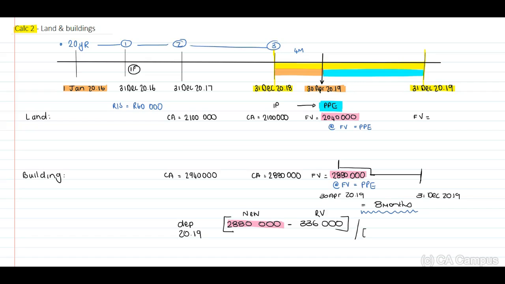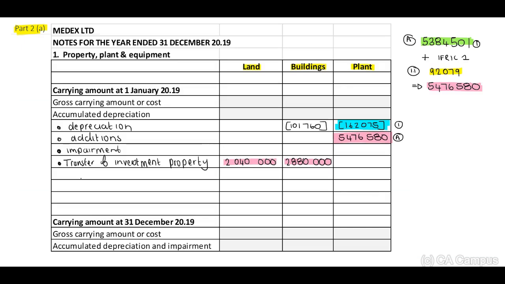Therefore, we need to use the 240 months minus the 40 months past and times by 8 months, and this will be a depreciation amount of 101,760. Therefore, let's immediately transfer this 101,760 to our PPE note.